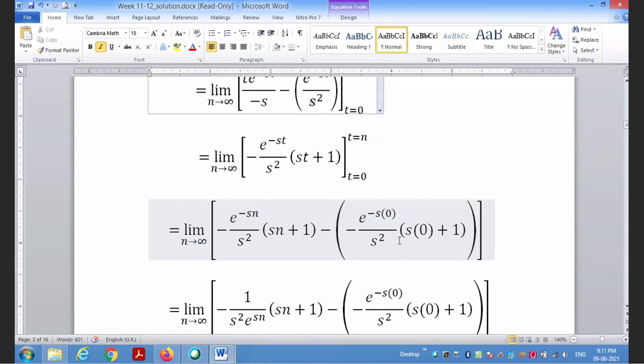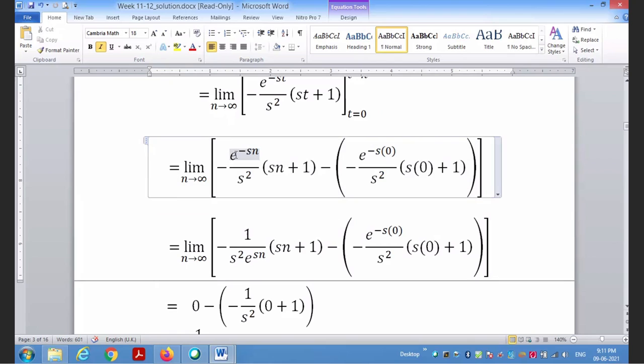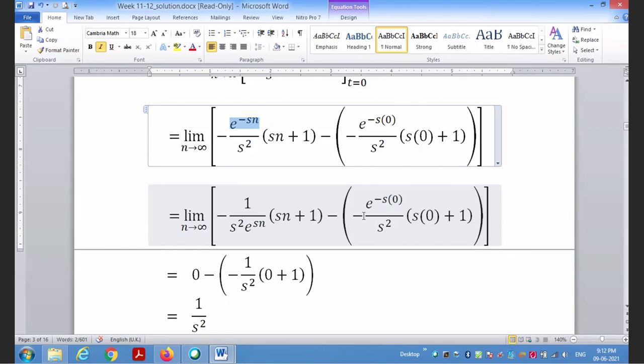And then we simplify this. We can bring this down. This will be minus 1 over s squared times e to the power of sn. This one will be 1 over e to the sn, and then times sn plus 1. And then minus, e to the power of 0 is equal to 1.